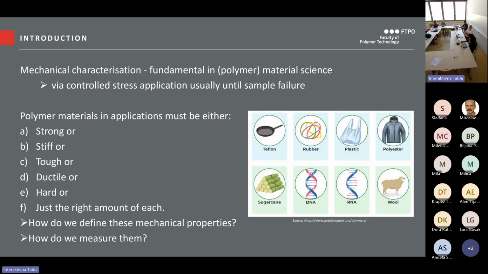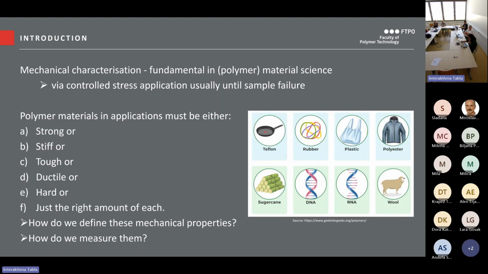So, as probably we already know, mechanical characterization is actually fundamental in polymer and not only limited to polymer material science. The most common approach is to test the materials via controlled stress application until sample failure.